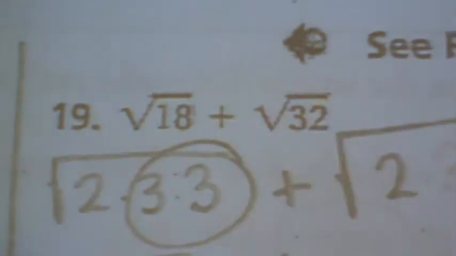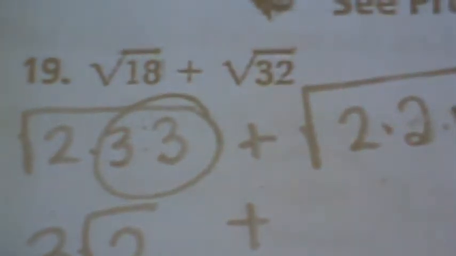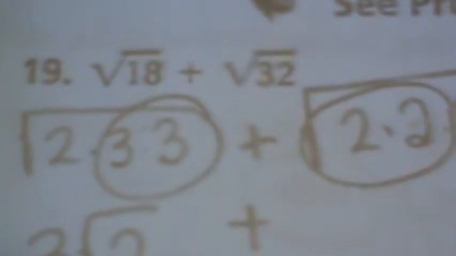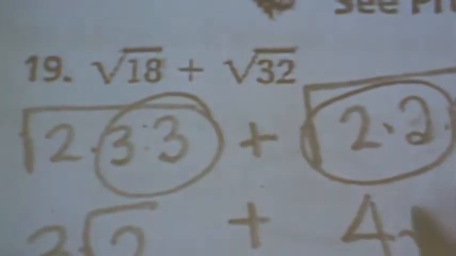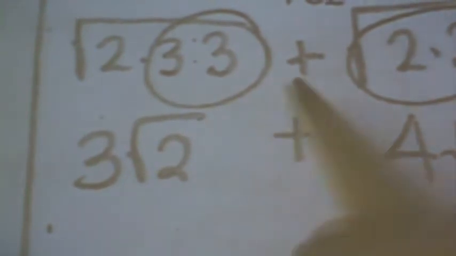What's wrong with me? 8 times 4 is 32. So it's 5 2s is 32. So we're gonna pull 2 2s out and leave a 2 underneath. So what's my final answer?